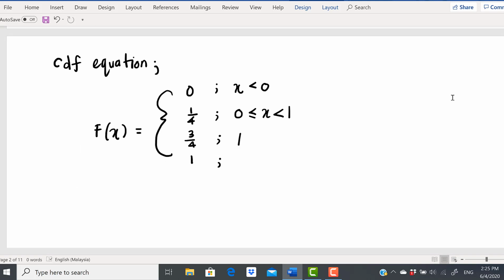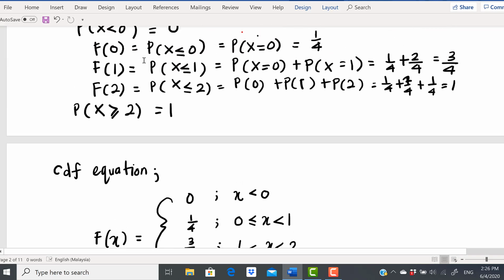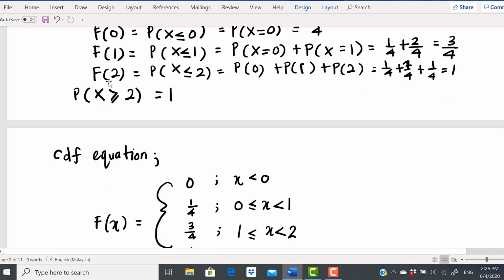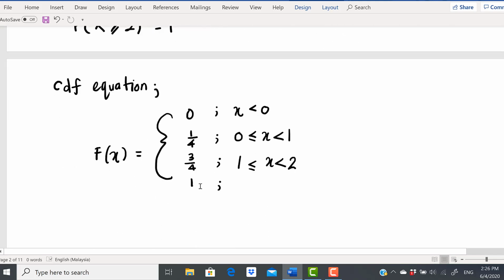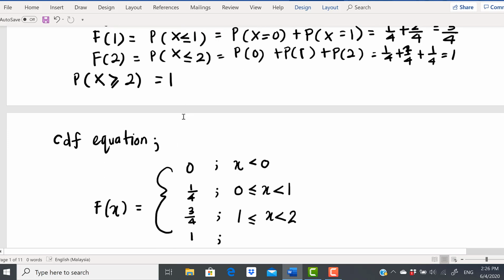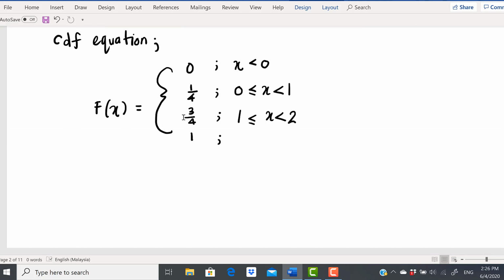So F of x is 3 over 4 when x is between 1 and 2. Because we have 0, 1, and 2, F of x is equal to 1 when x is greater than or equal to 2. So this is your CDF equation.